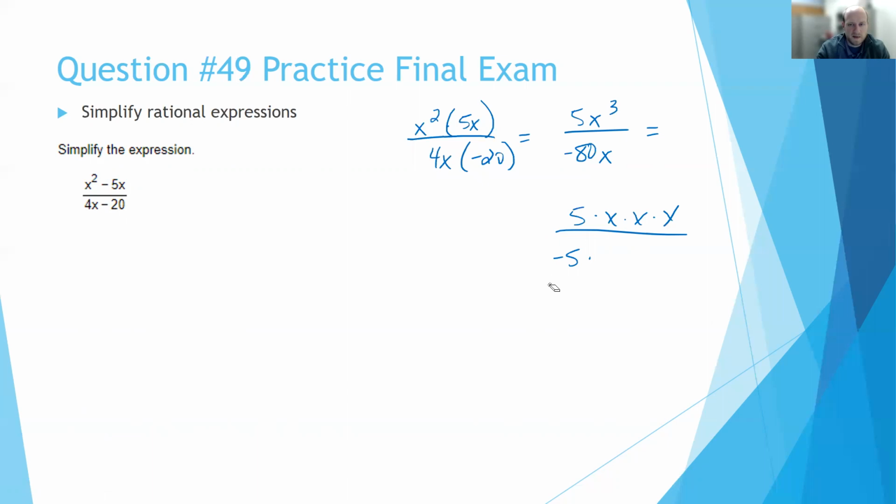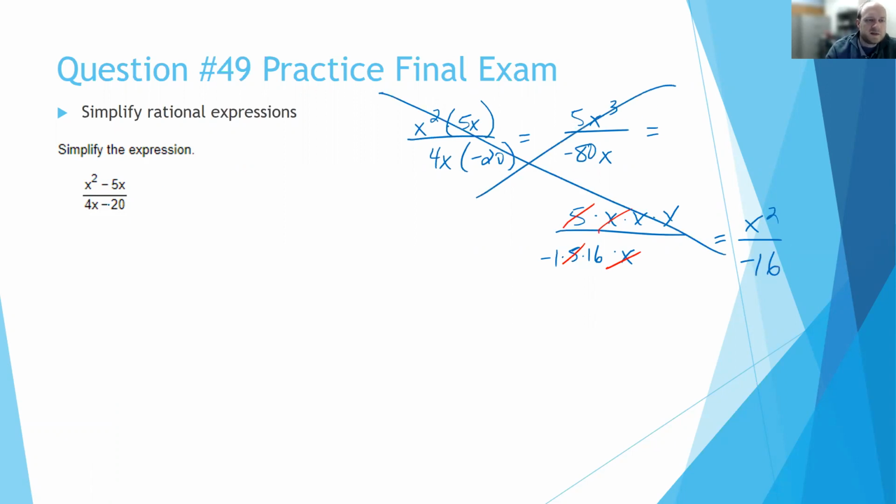Let me actually do it this way. Instead of -5, I'll do 5 times -16. Or you could have a -1 times 5 times 16 times x, and then we could start canceling, right? So I could cancel an x out, I could cancel a 5 out, and I'm left with x squared over -16. Now, that's not this question.